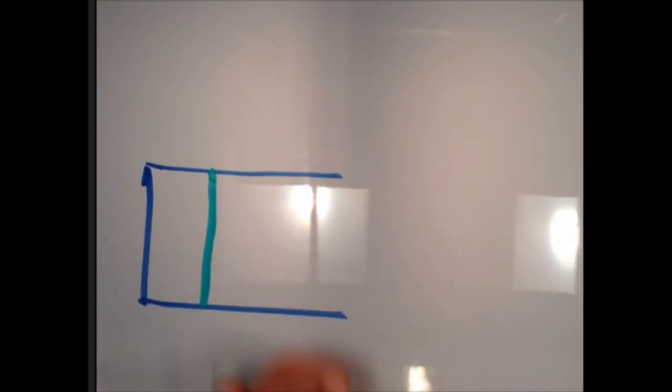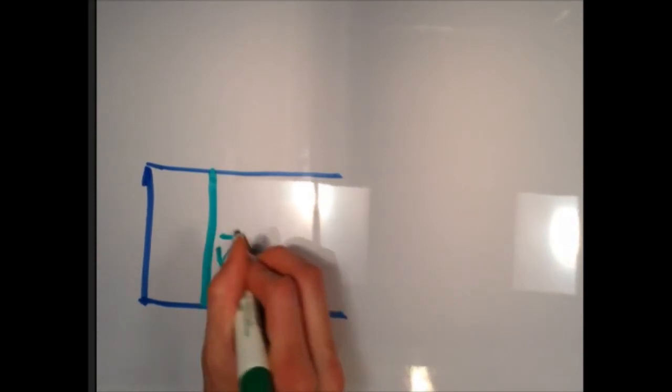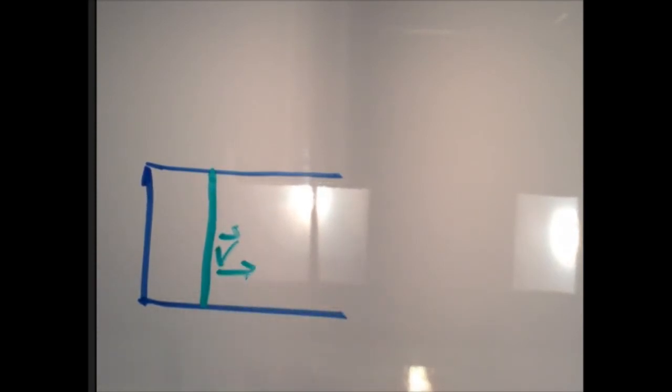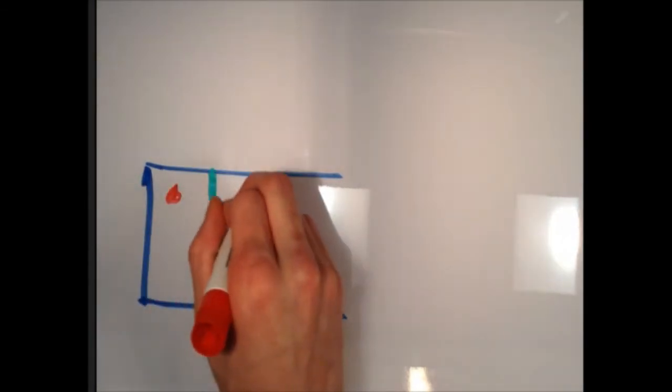And let's say it slides this way with a certain velocity v. But all through this thing, there is magnetic field that's directed out.